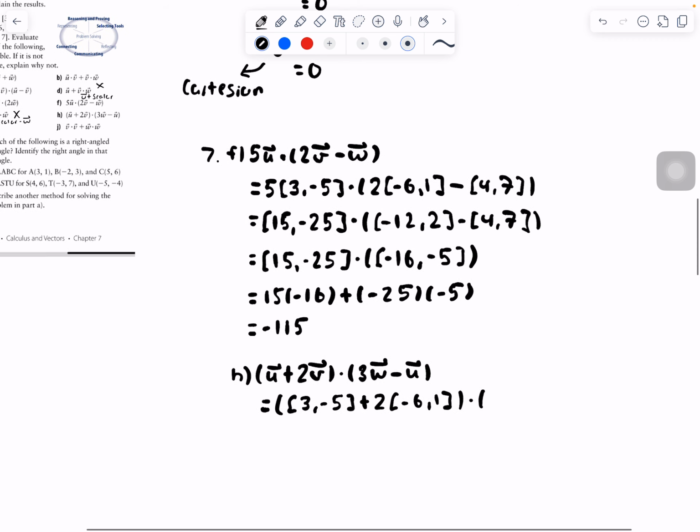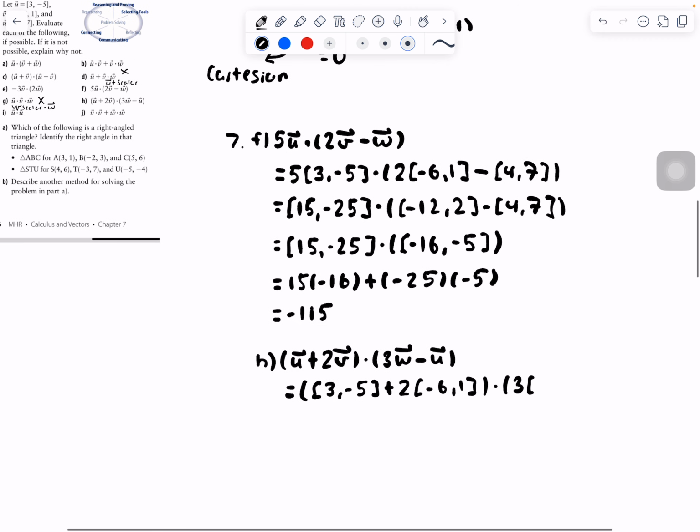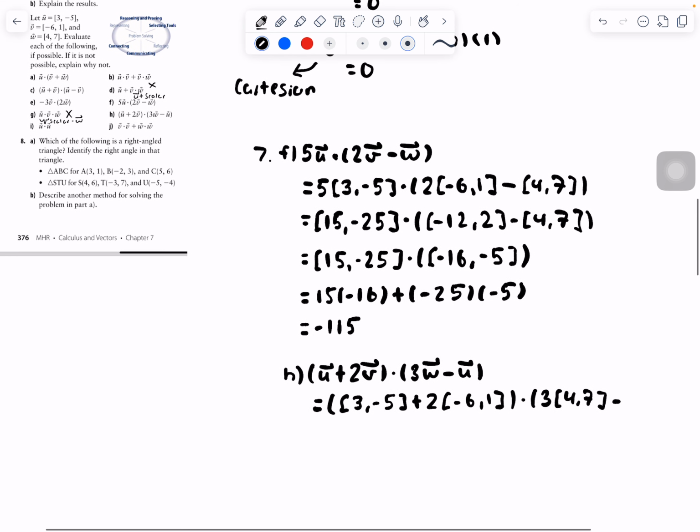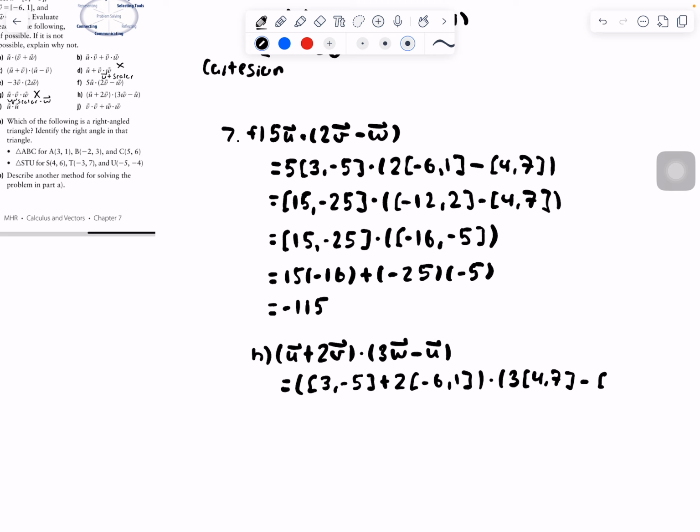Close the parentheses, dot 3, and then W is the vector 4, 7 minus the vector 3, negative 5.